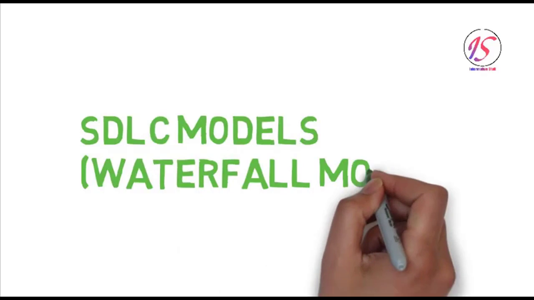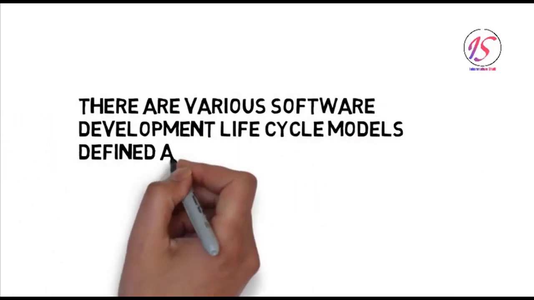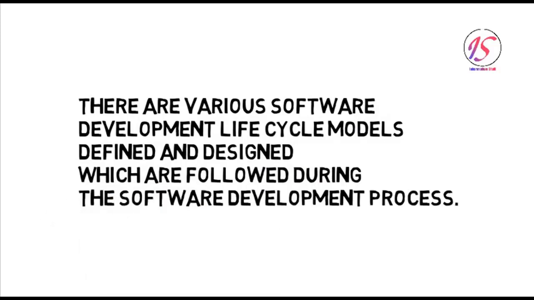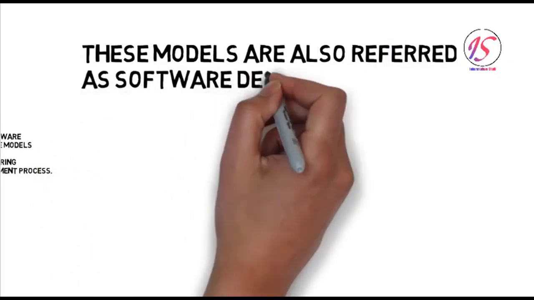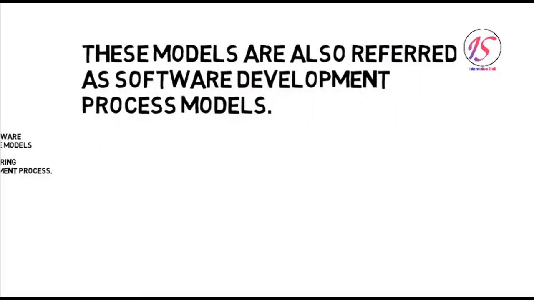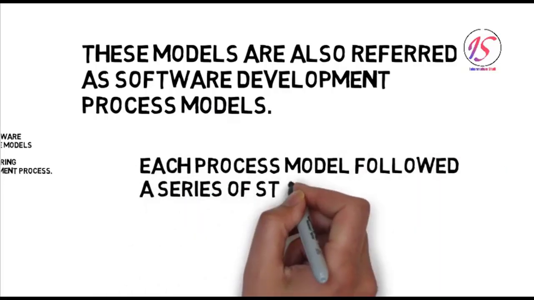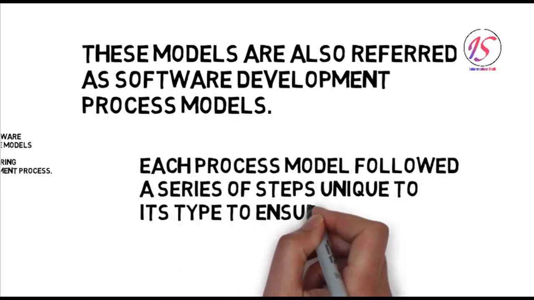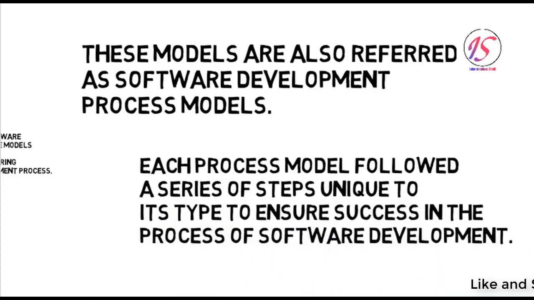We are going to discuss today SDLC models. There are various software development lifecycle models defined and designed which are followed during the software development process. That's why these models are also referred to as software development process models. Each process model follows a series of steps unique to its type to ensure success in the process of software development.